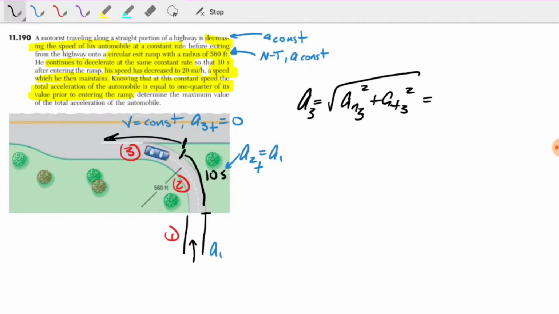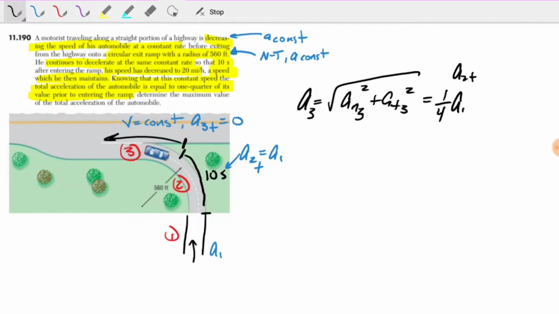That equals 1/4 the value of the acceleration prior to entering, so prior to entering, we're talking about A1. So it equals 1/4 A1, which is the same thing as 1/4 A2T. We could put 1/4 A1 or 1/4 A2T to get the same value.